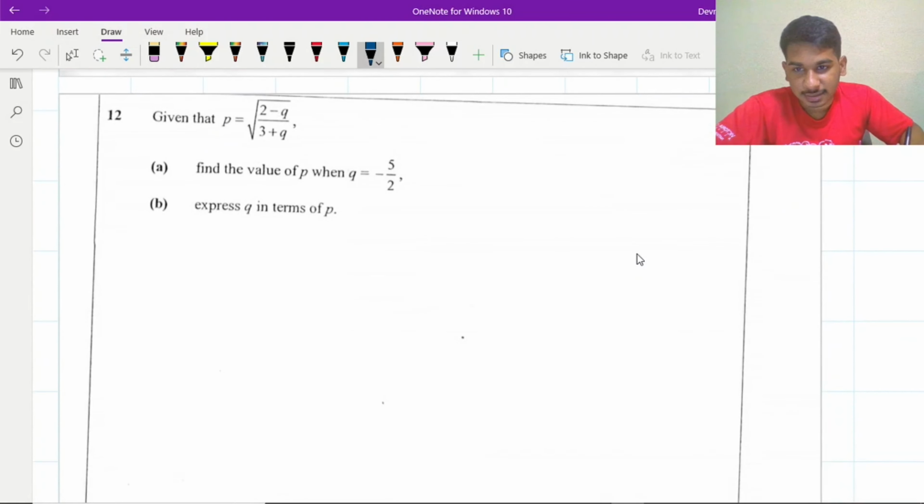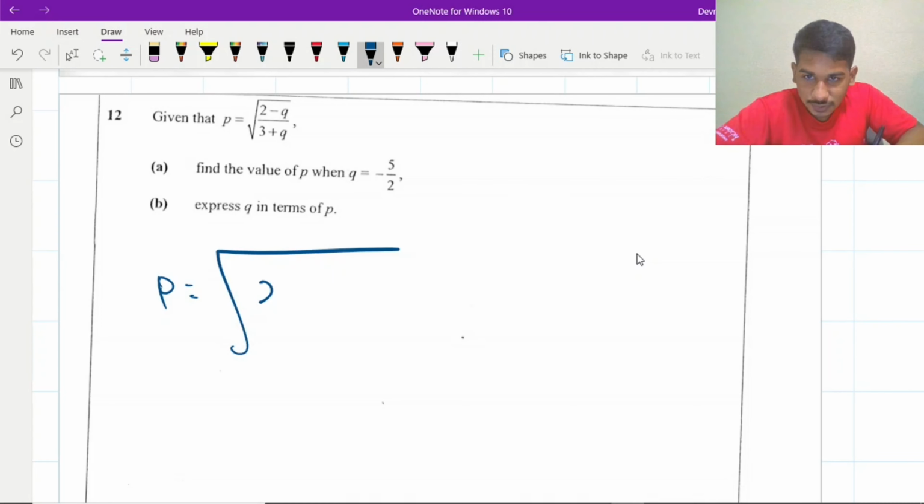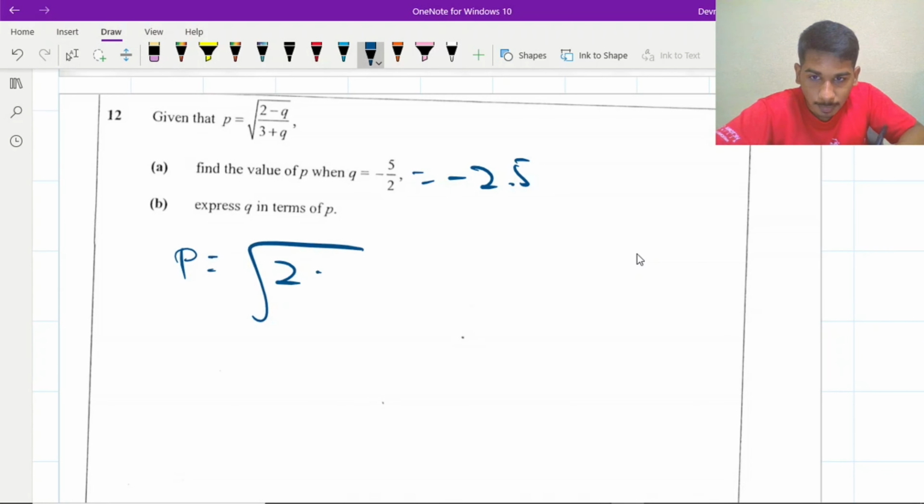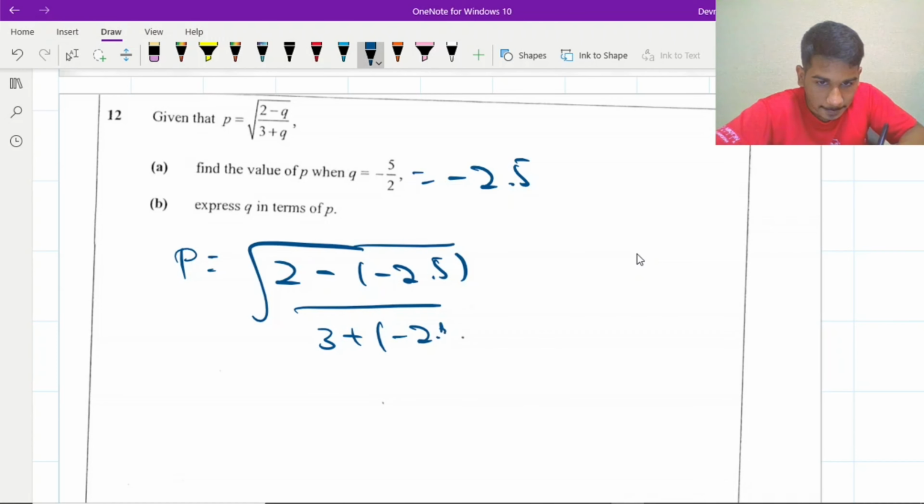Given that, find the value of p when q is that. P is equal to the square root of (2 minus 5 over 2) over (3 plus ...). Let's change it to decimal, much easier. This is going to be negative 2.5. So P is equal to the square root of 2 minus 2.5, so it's going to be plus 2.5 on top, and then you have 3 plus negative 2.5.